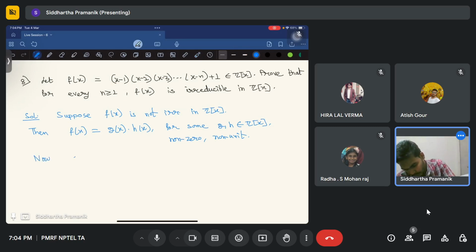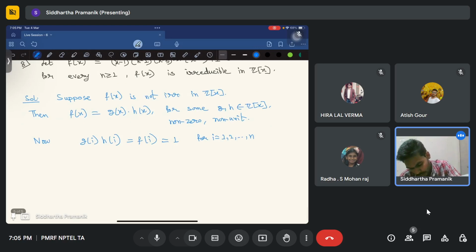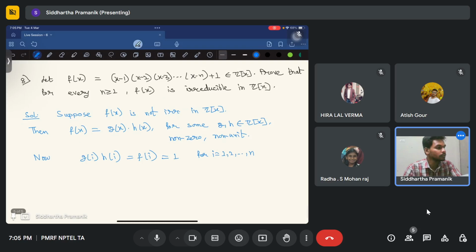Let me write it the other way. g(i) times h(i), which is your f(i), this is basically 1, right? For i equals 1, 2 up to n. Oh, sorry, this is minus 1.